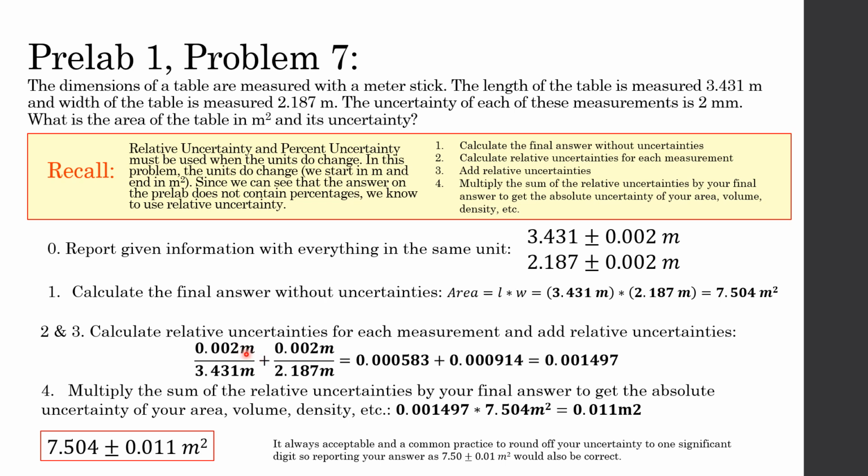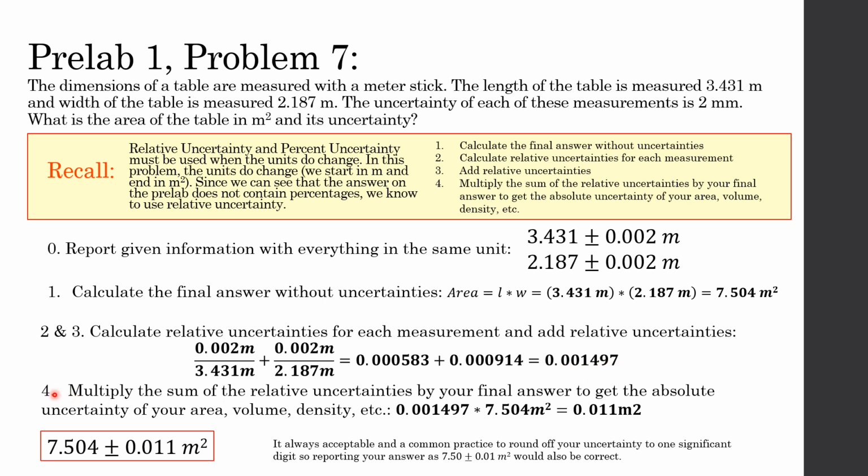So 0.002 divided by 3.431, 0.002 divided by 2.187. That gives us the decimal values 0.000583 and 0.000914. Then for step 3, when we add both of those together, we get 0.001497.